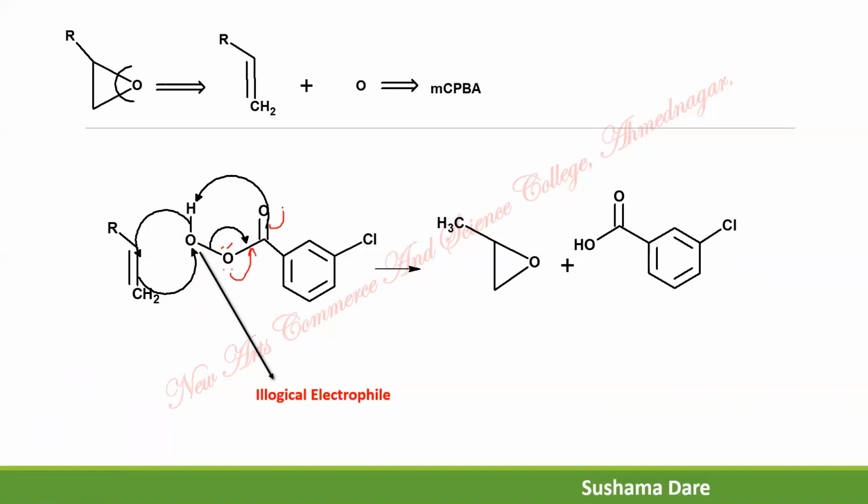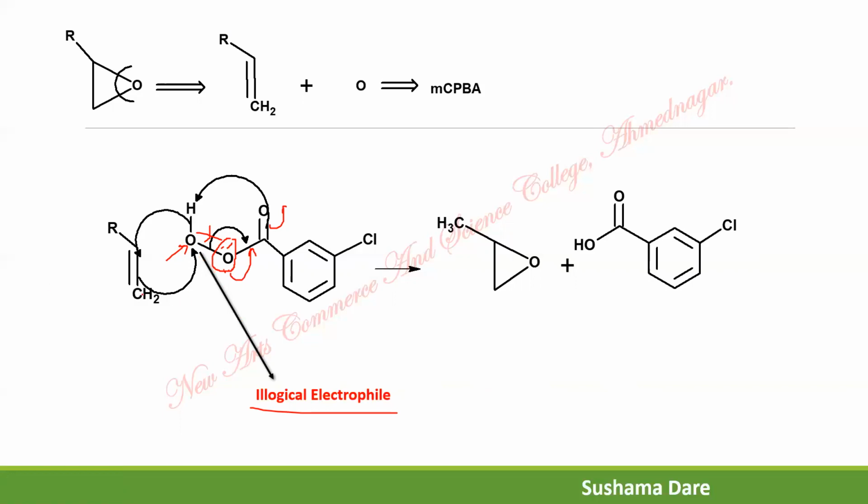If it undergoes delocalization, then this oxygen carries the positive charge, and it withdraws electron density. So this oxygen is electron deficient. Generally, oxygen is highly electronegative, but in this case there is a development of a partial plus sign. That's why we call it an illogical electrophile.